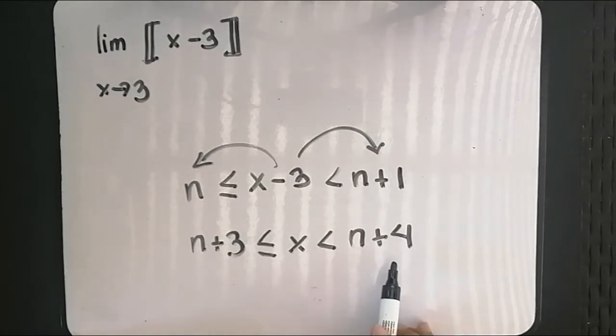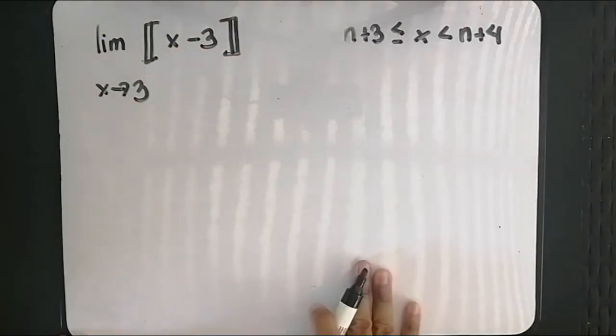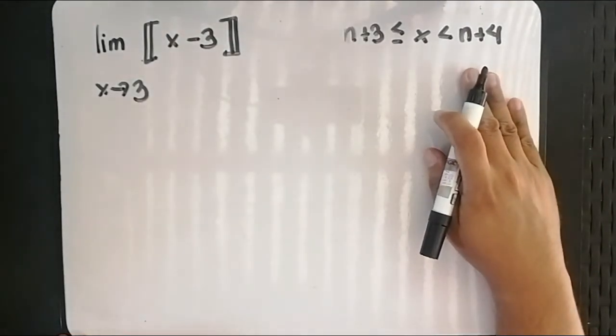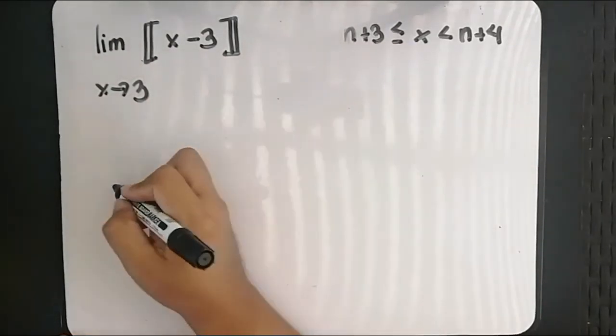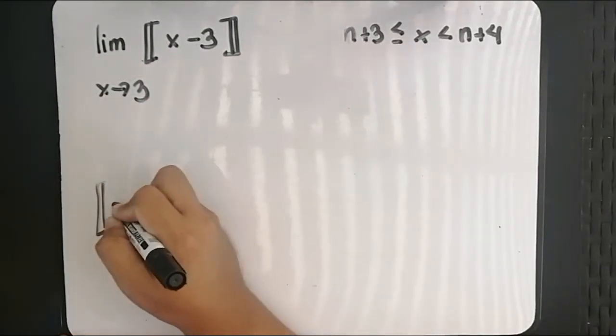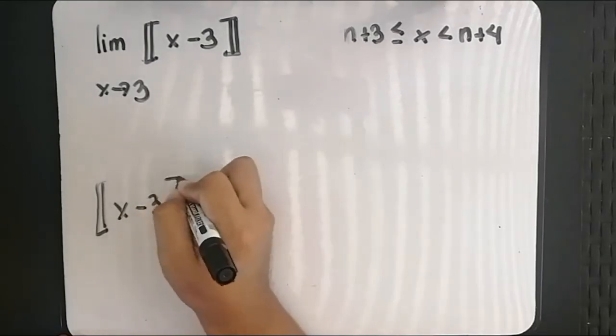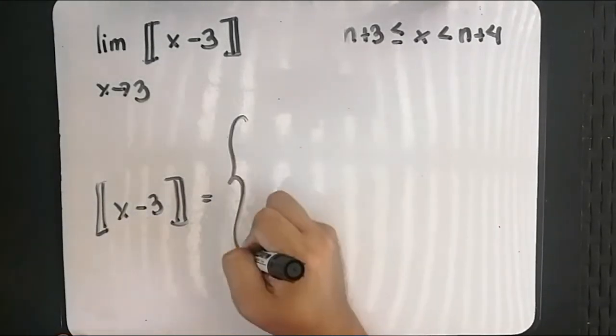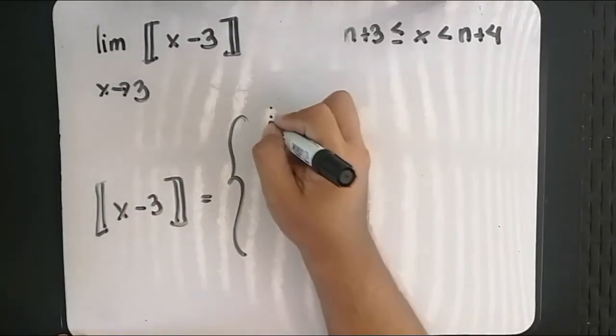So, what does this mean? Ano ang ibig sabihin ng x is greater than or equal to n plus 3 but less than n plus 4? Kung isusulat natin yan, the greatest integer function of x minus 3 now is actually equal to the piecewise function. Marami yan.